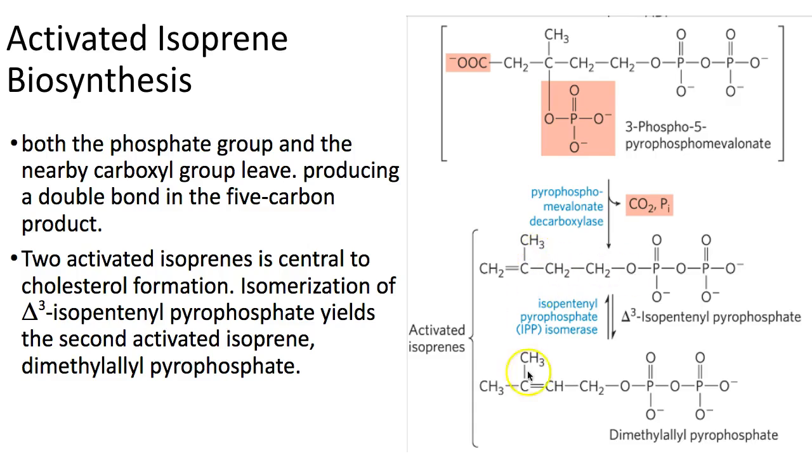There are two different versions of the isoprene because with the enzyme isomerase, it can go to two different structures where that double bond is switched between different carbon-carbon bonds.